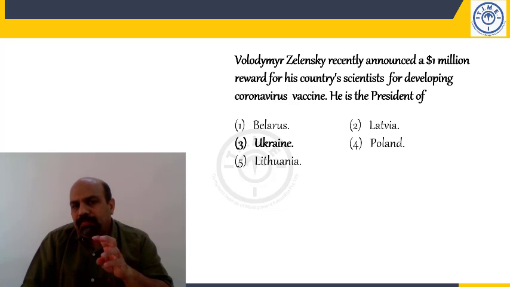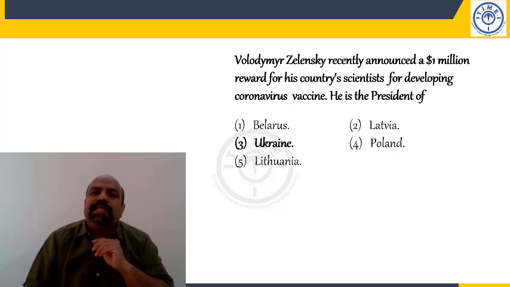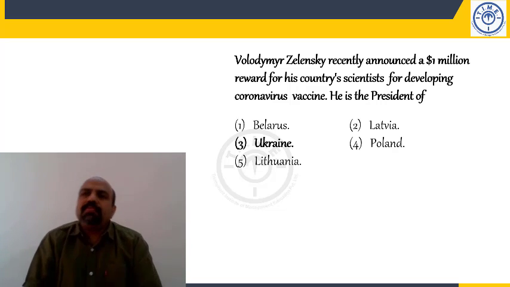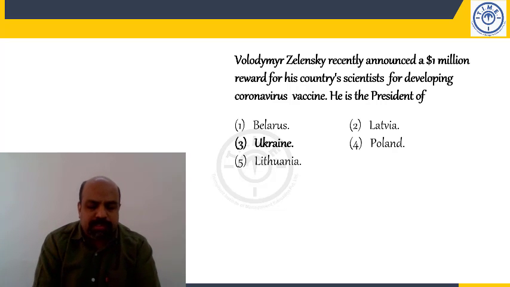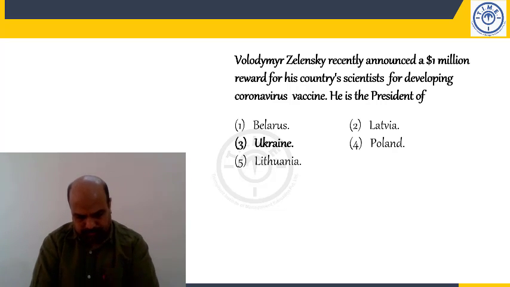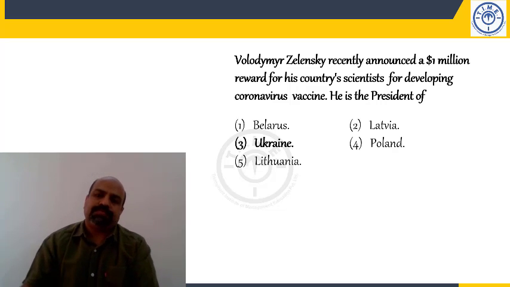A-N-D-R-Z-E-J. Andrzej Duda. D-U-D-A. It's pronounced Duda. The currency is Zloty. Z-L-O-T-Y. Zloty.